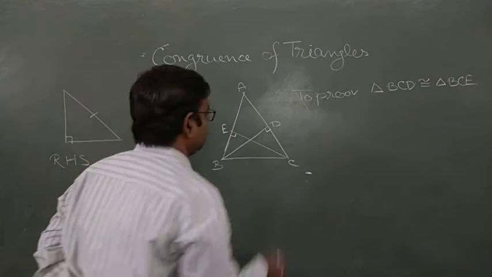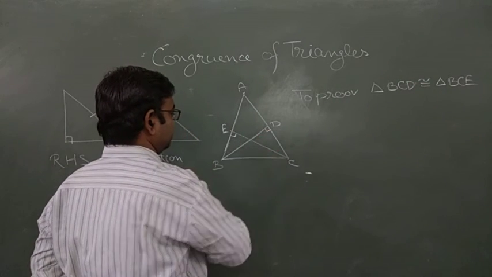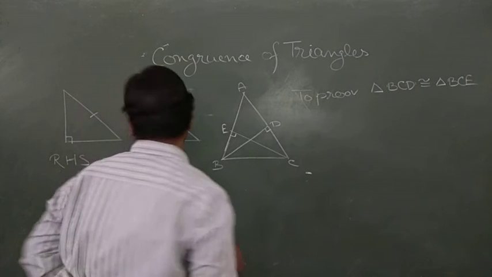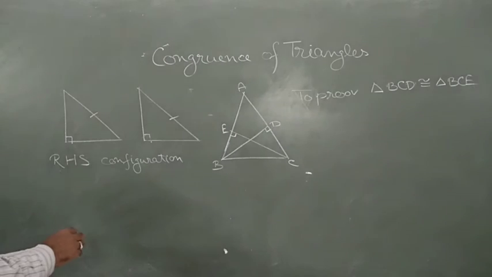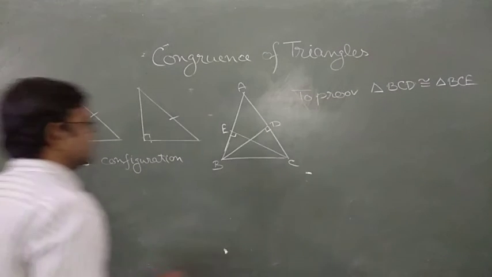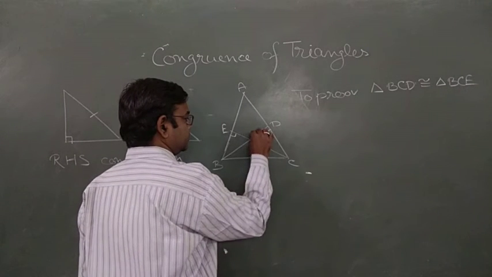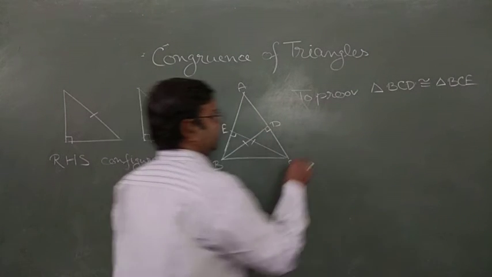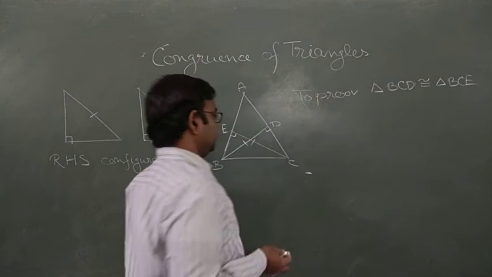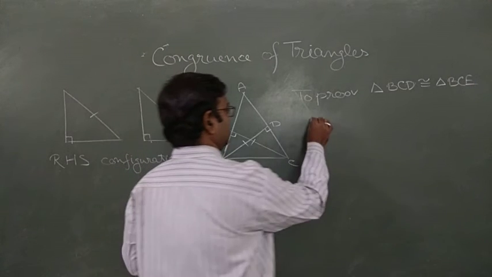How do we prove that? As we know, this angle and this angle are equal, this line is common, and what is given to us? Here it is given that BD equals CE, meaning this side equals this side. So in this case, how do we solve?